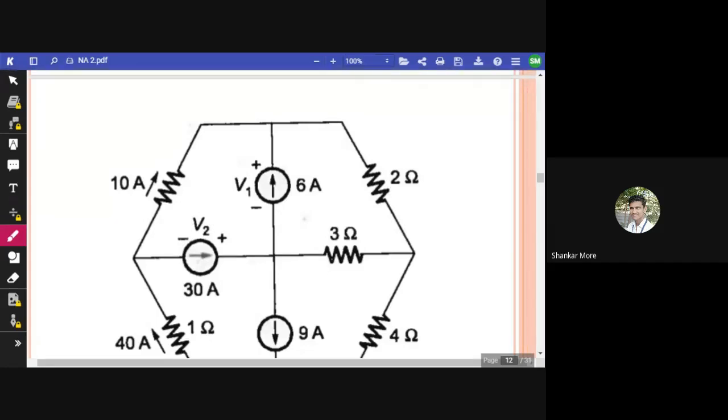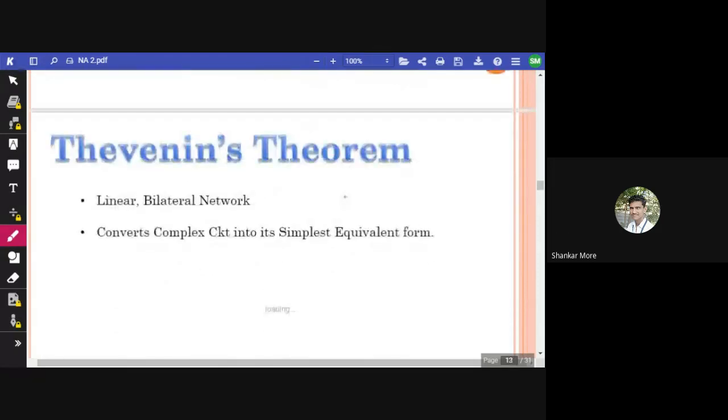I'm just asking if you face any difficulty. If you solved it without any difficulty, that's absolutely fine, but if you find any difficulty, we can discuss it. This is not a fresh topic, so we'll discuss this example at the end of the class if needed. Now we are going to start the fresh topic, that is Thevenin's theorem.